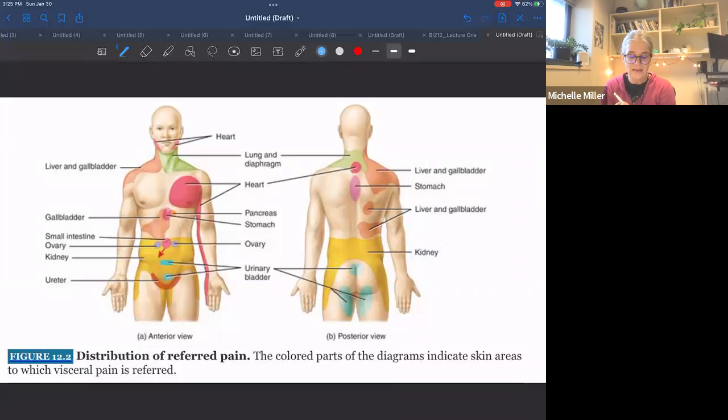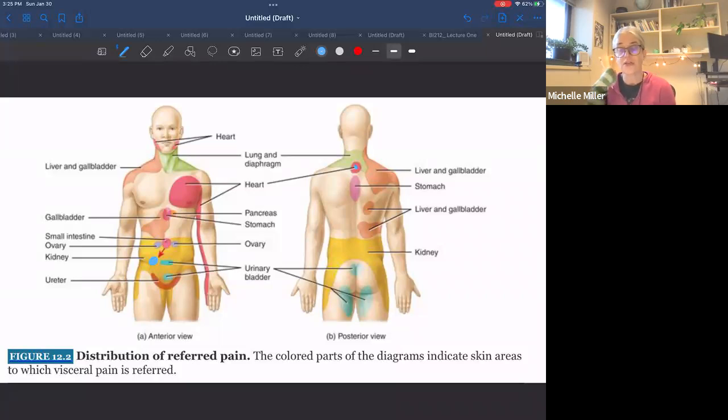And then also the jaw, which is an important one to realize, and the back of the neck right here. And then another big one is the appendix. And so down low on your right side of your body, right here would be where might be a sensation of the appendix.